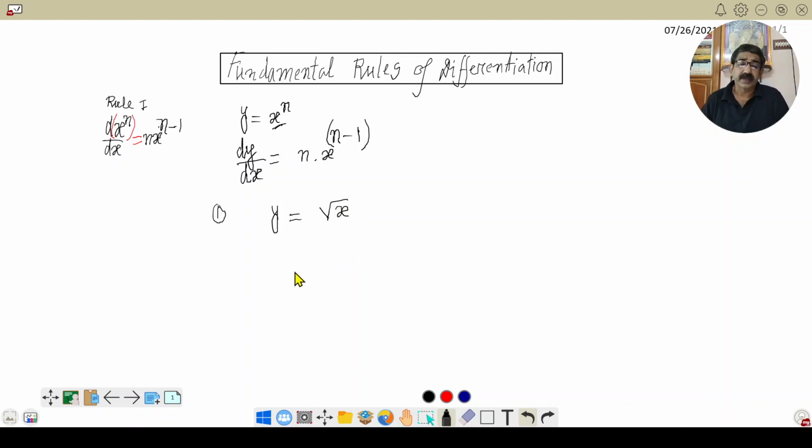When y is equal to root x, you can draw the graph also from this function, but we are not interested here in drawing graphs. We are interested only in deriving the differential coefficient, or differentiation. So y is equal to x to the power, this means x to the power half.